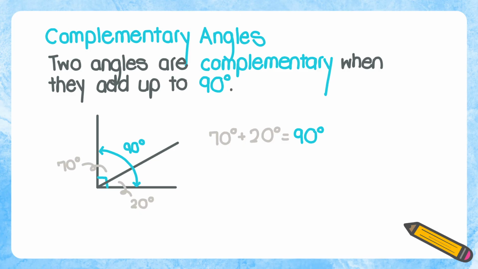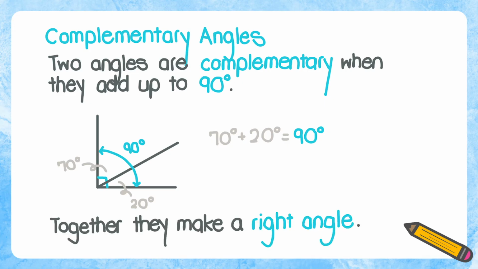I know these two angles are complementary because 70 degrees plus 20 degrees equals 90 degrees. Together, these angles make a right angle, which is denoted by the right angle symbol. So these two angles create a right angle, which is an angle that measures 90 degrees.